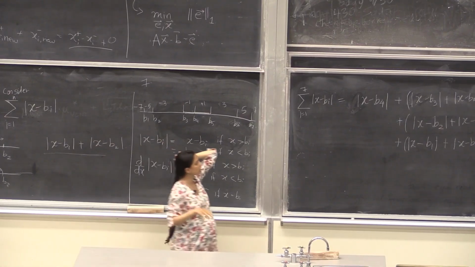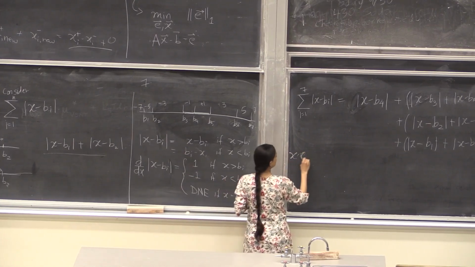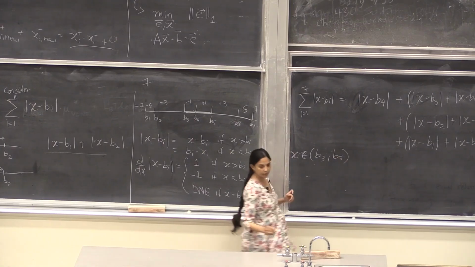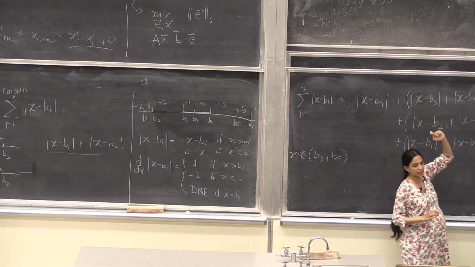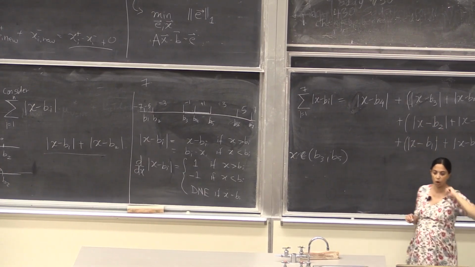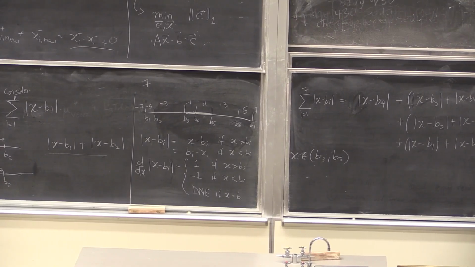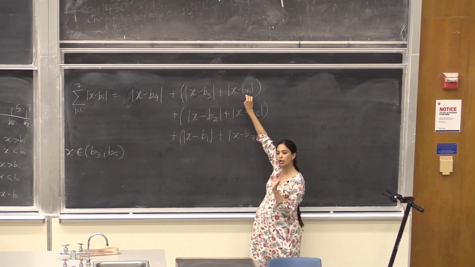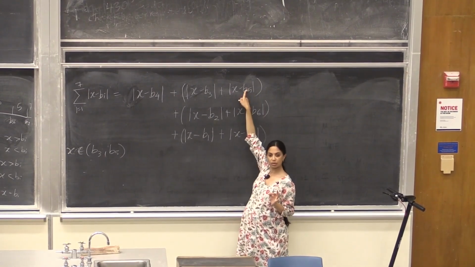But now if I consider any x belonging to b3, b5, what is x minus b3 plus x minus b5? When x is in this interval, it's always going to be equal to b5 minus b3. Does my choice of x in this interval affect the value of this term?